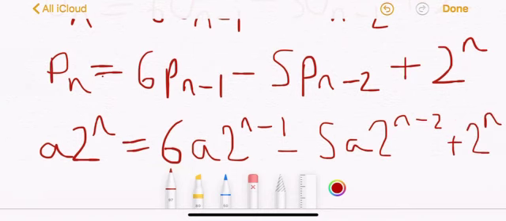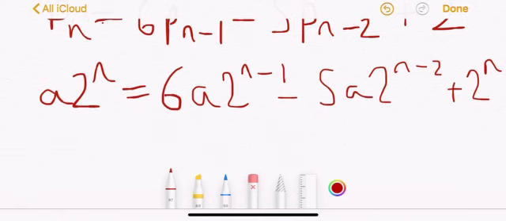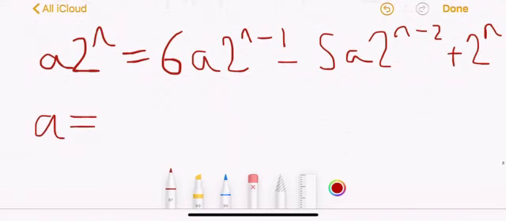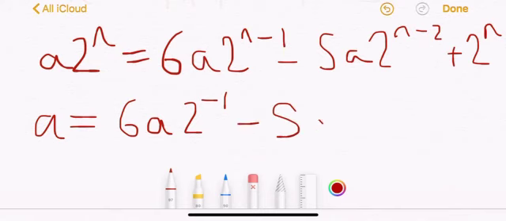Okay, well, what could we do here? We could definitely divide throughout by 2 to the n. So what we would get if we divide out by 2 to the n is a equals 6a, and dividing this by 2 to the n, we get 2 to the minus 1, minus 5a. Dividing this by 2 to the n, we get 2 to the minus 2, and we divide this by 2 to the n, we get plus 1.